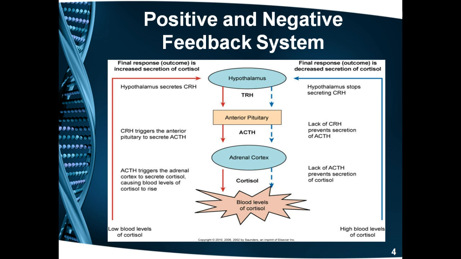The normal blood level range of each hormone is well defined, and excesses or deficiencies of hormone secretion can lead to types of pathologic conditions. So basically, what that is demonstrating is the positive and negative feedback system.